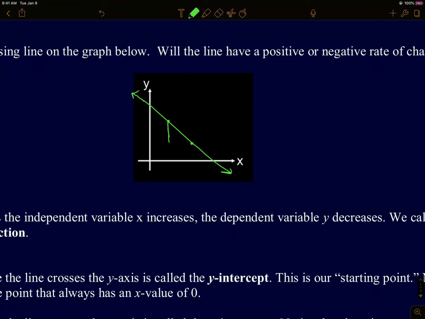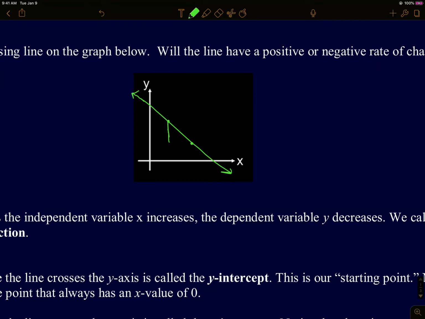Why is that? Because as the independent variable, remember x is our independent variable, increases, in that case it's moving to the right. If we go from like this point to say this point, as we move to the right, it's increasing.